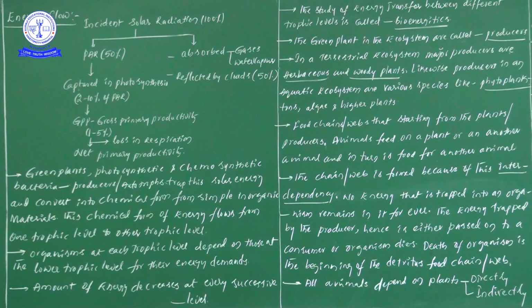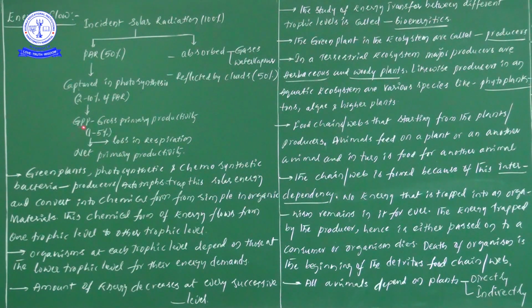Remember that the total organic matter, or biomass, is produced by autotrophs. For the formation of GPP, how much percentage of PAR is involved? Just 1 to 5% of PAR is involved in making GPP.